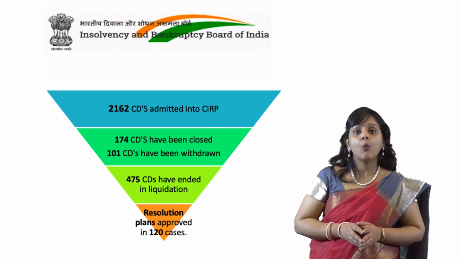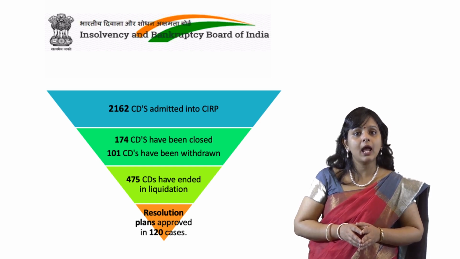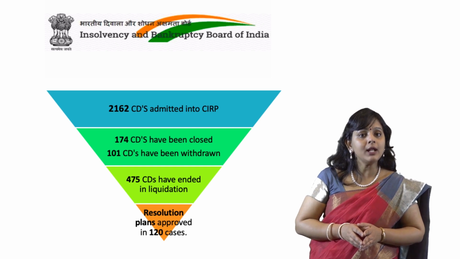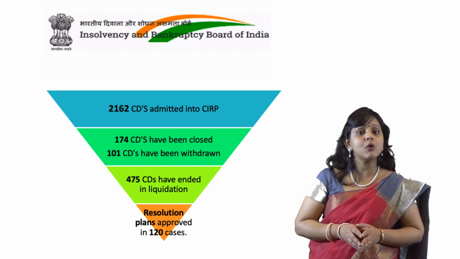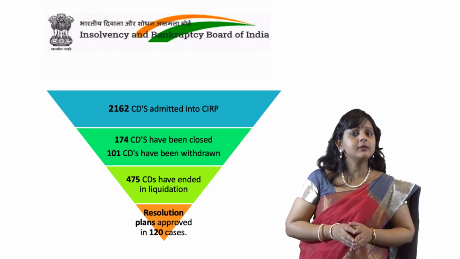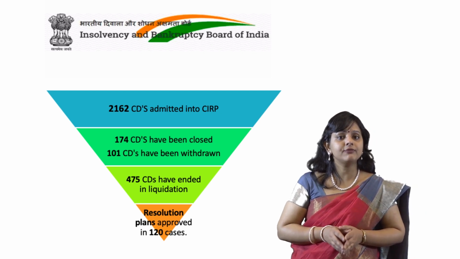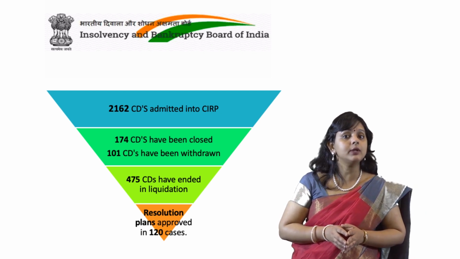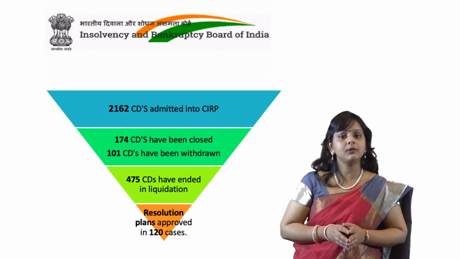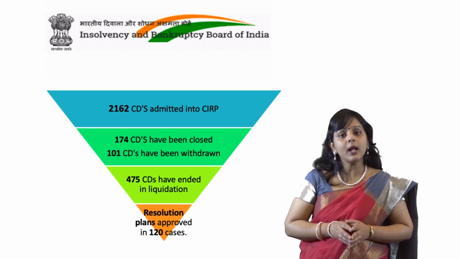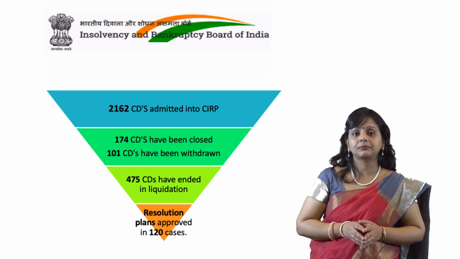Out of these, 174 have been closed and 101 have been withdrawn. As many as 475 cases have ended in liquidation, while resolution plans have been approved in 120 cases.